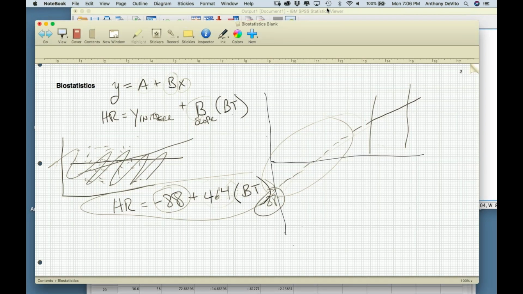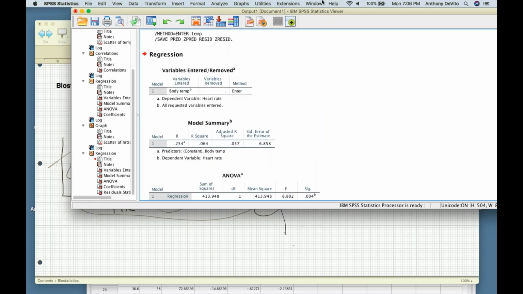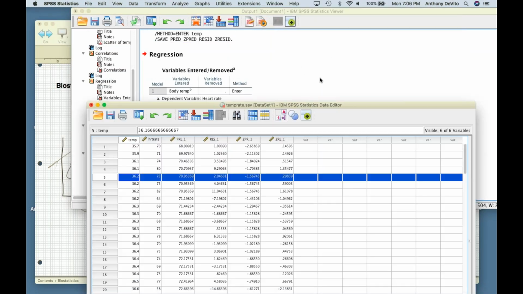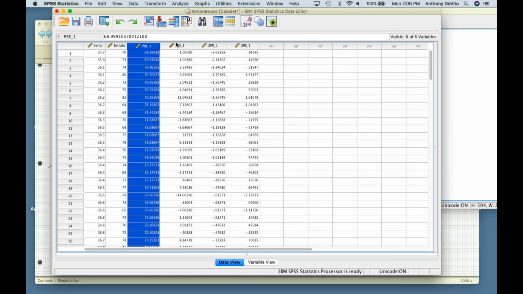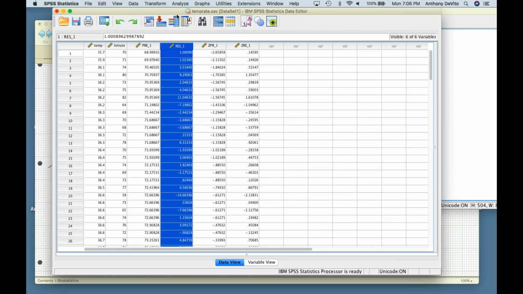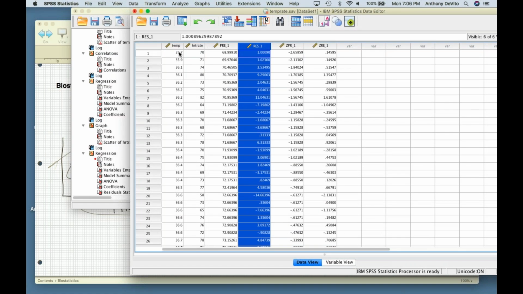However, if I go back to my data file, you'll notice that there are two new variables, actually more than two new variables. There's our predicted values and our residual values. The predicted values take the body temperature and predict the heart rate based on the formula we've just created.